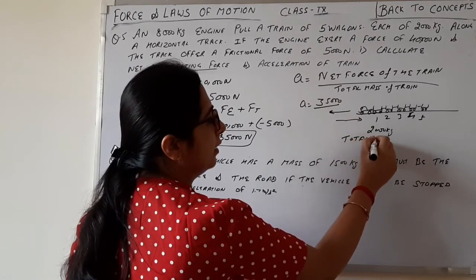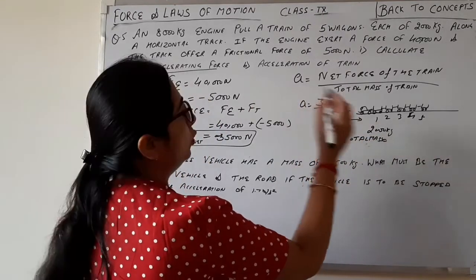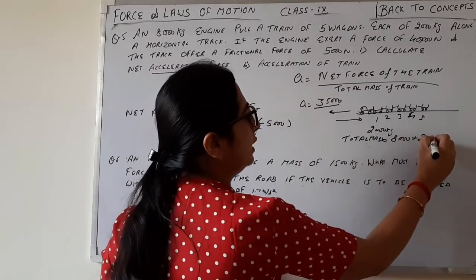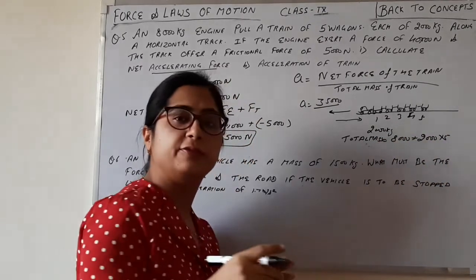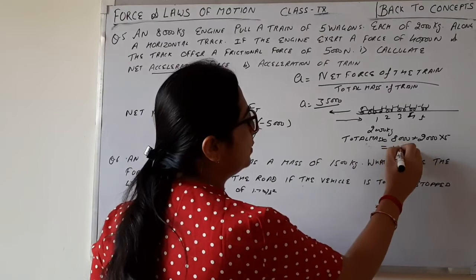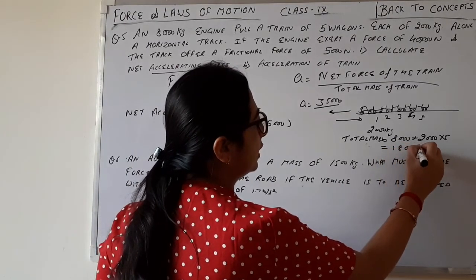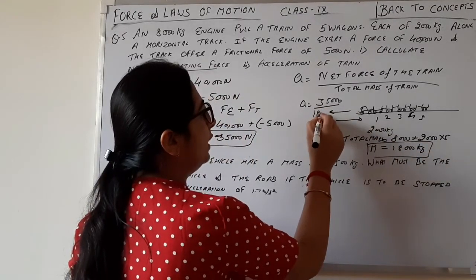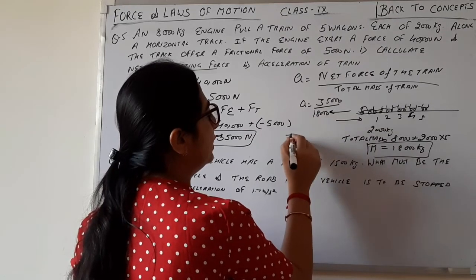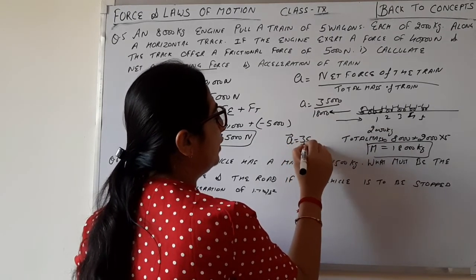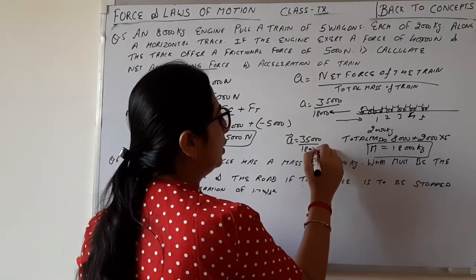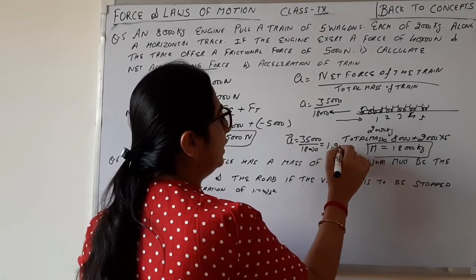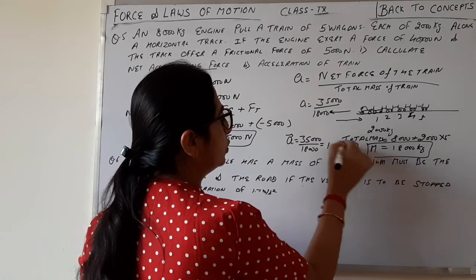It is equal to 8,000, the mass of the engine, and 2000 multiply 5 because we have 5 wagons, so total mass becomes 18,000 kilogram. So 35,000 upon 18,000. So what is the acceleration here? 35,000 upon 18,000 is equal to 1.9 meter per second square.